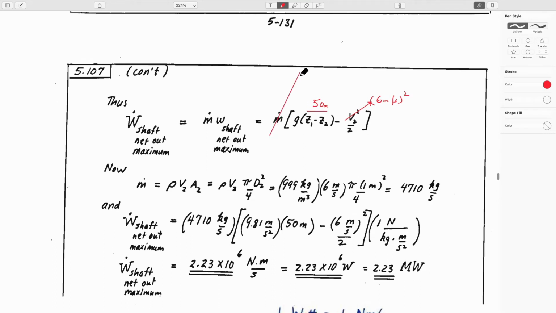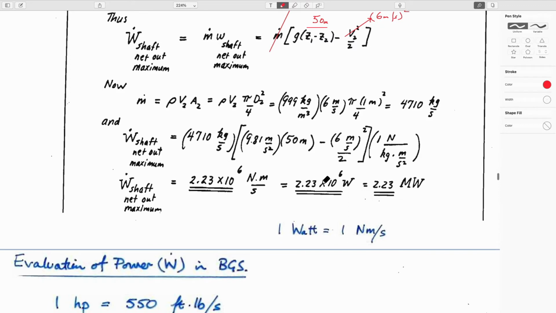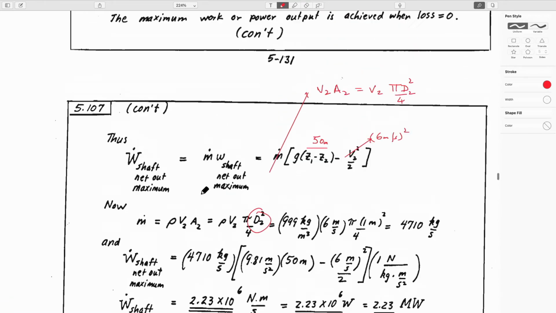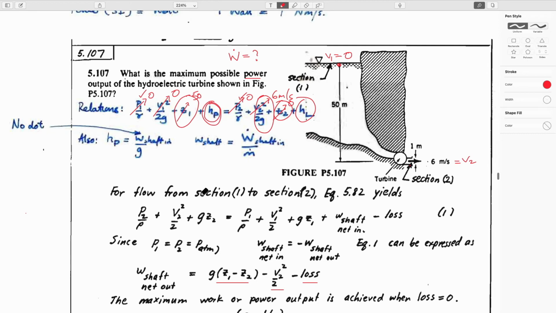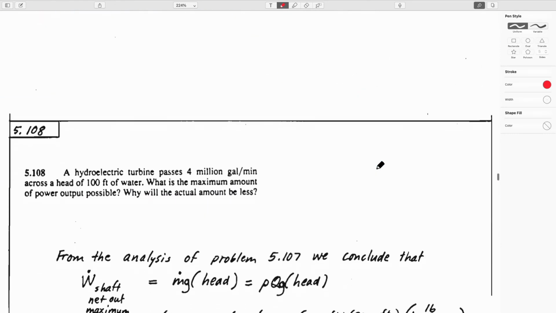But this mass flow rate is going to be velocity 2 times area 2, which is velocity 2, which is this, times pi d squared over 4. So whatever that is. I didn't see it elsewhere, but it's somewhere. Is there a number in the question? 1 meter diameter. Yeah, 1 meter, so fine. That's it. So that's all we're trying to do.